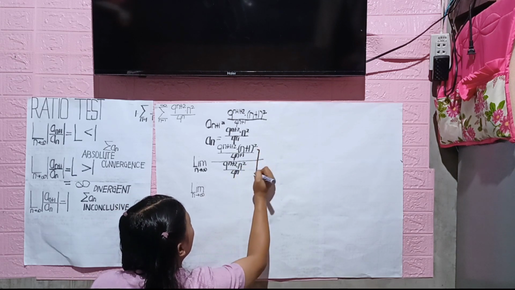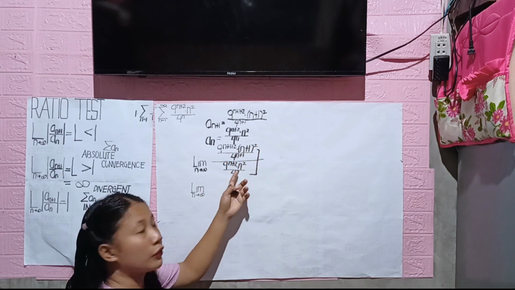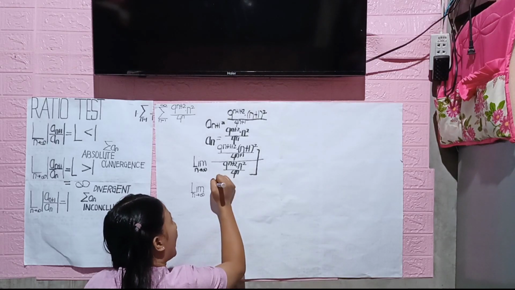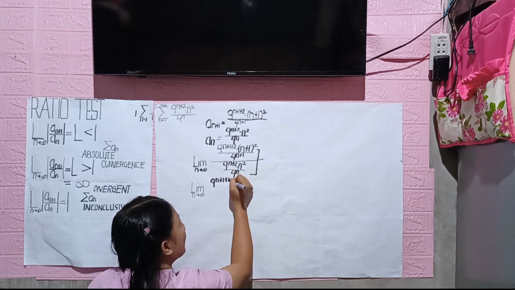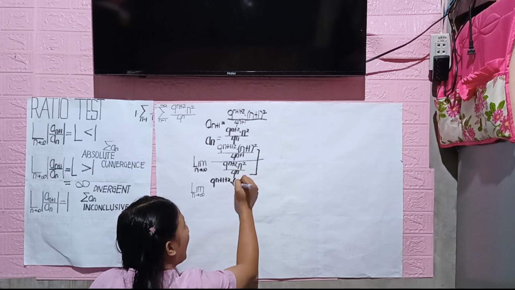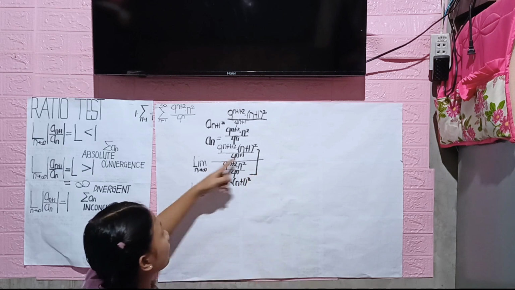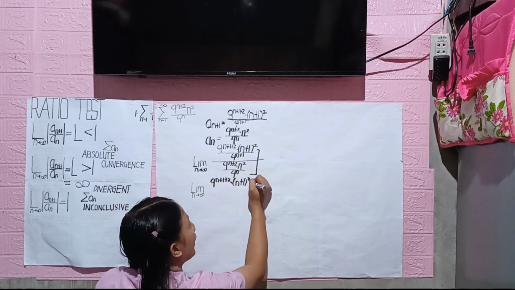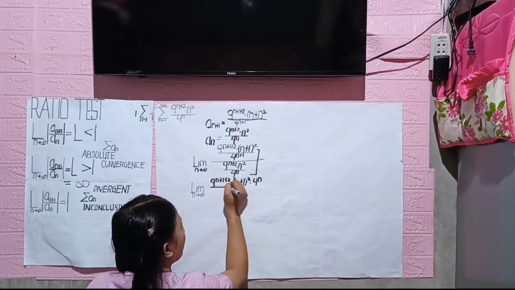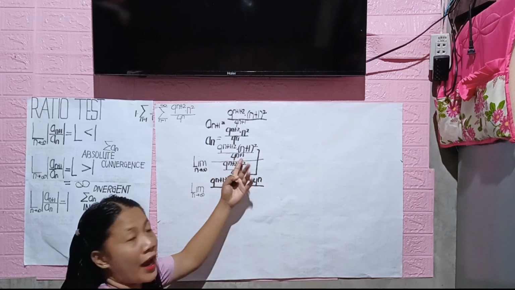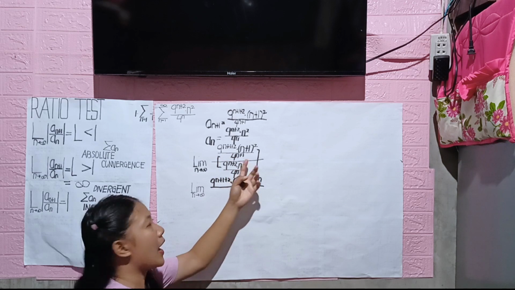So 9 to the n plus 1 plus 2 times n plus 1 squared times 4 to the n, divided by 4 to the n plus 1 and 9 to the n plus 2 times n squared.